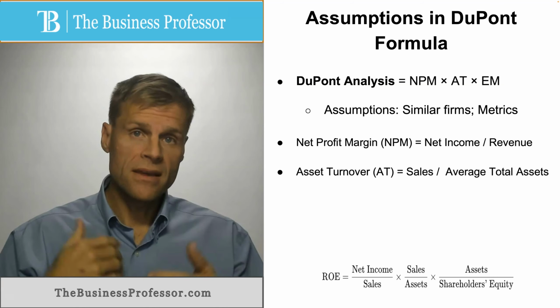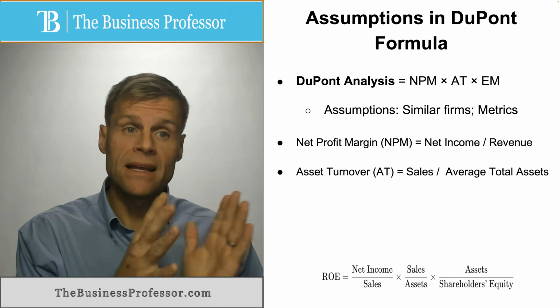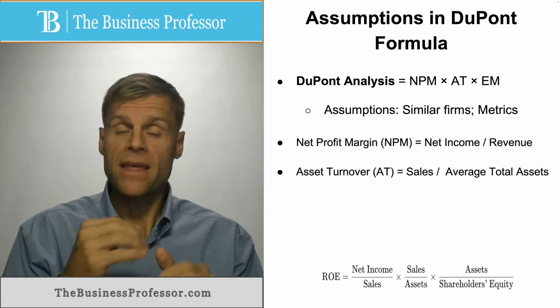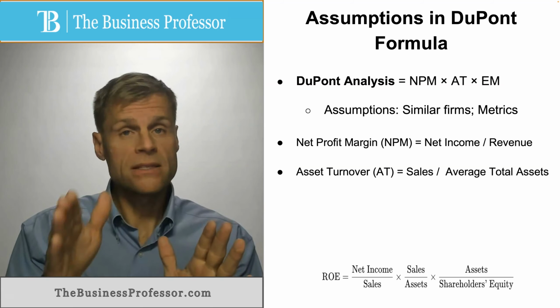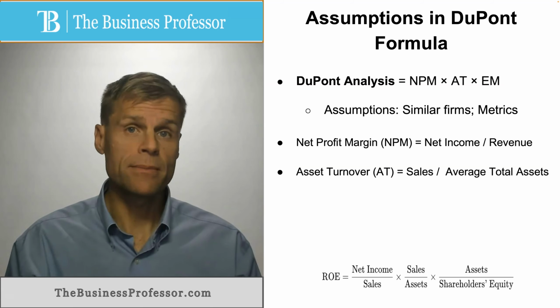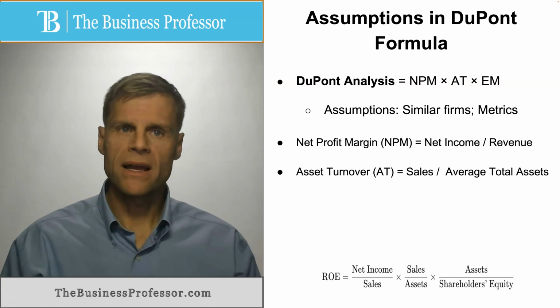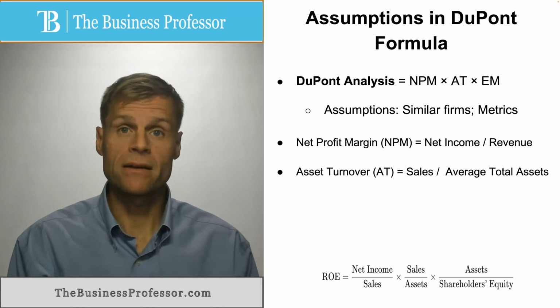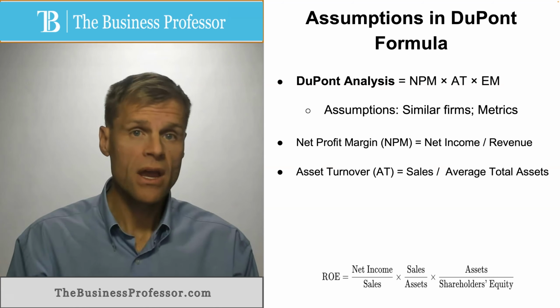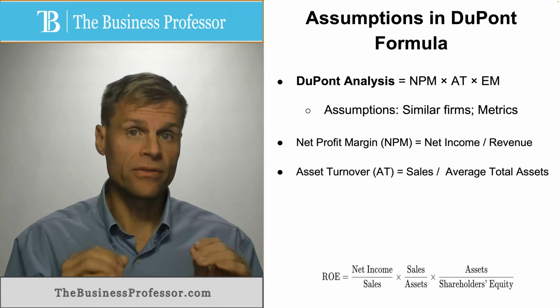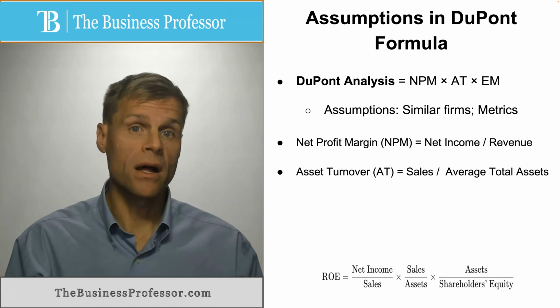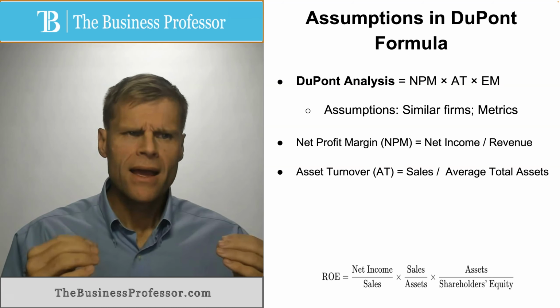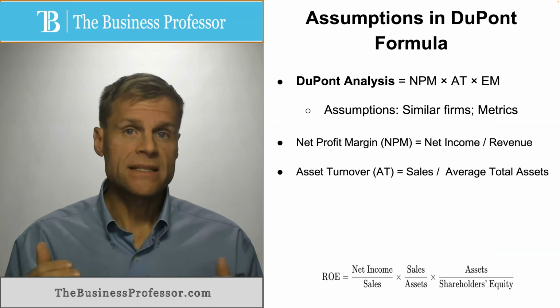Once again, this makes assumptions that businesses within a given industry are going to be similar. If you turn over a set of inventory on machines that cost $100,000 to $1 million each versus the turnover of inventory on $1 smaller products, there's going to be a huge discrepancy there.